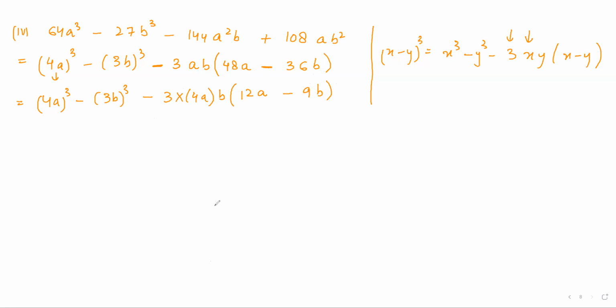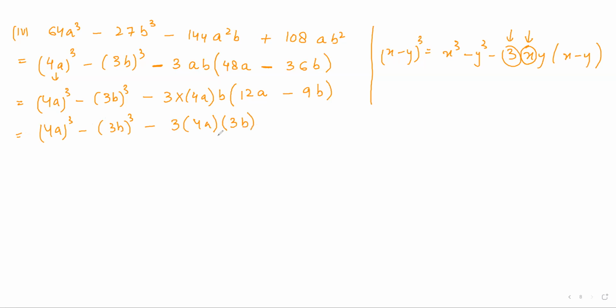Okay, now in the next step, I got 3, then I got my x. Now my y is remaining. My y is actually 3b. So that means 1 more 3 I have to take outside. So 4 into a whole cube minus 3 into b whole cube minus 3 into x into y, which is actually my 3b.